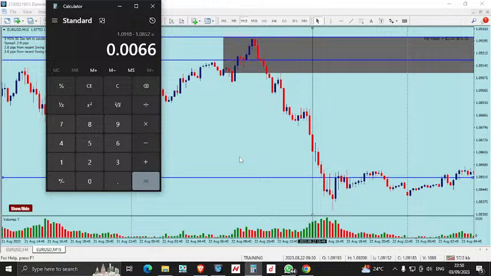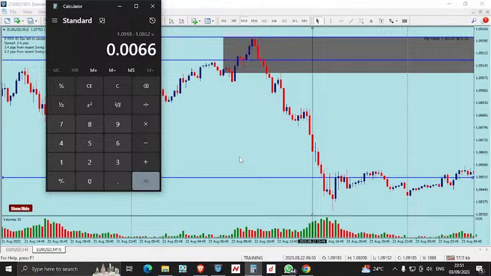Do you understand me? Then when you are trading, your stop loss should not be more than like 20 pips, which should be around $6 loss. It is advisable not to lose more than 1% or 2% of your account.